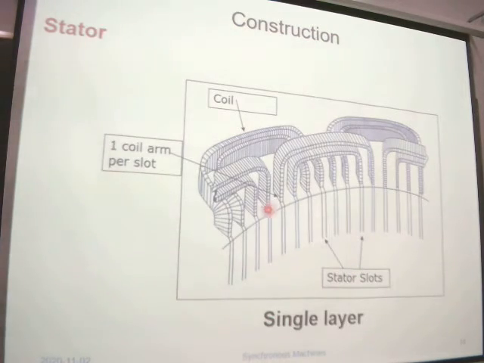This is a single layer: in each slot, there is only one coil, one winding.